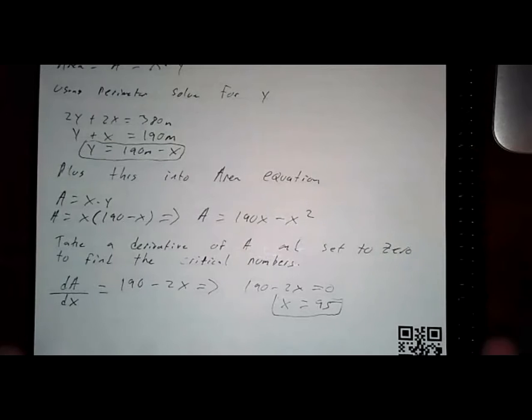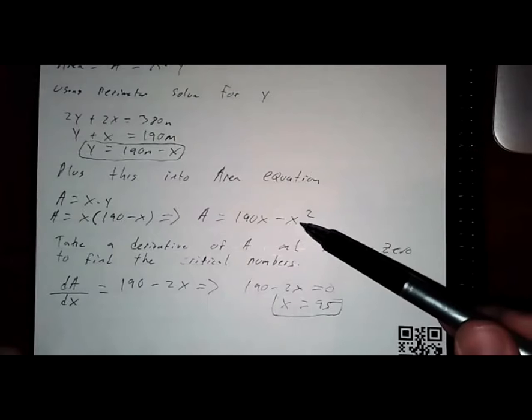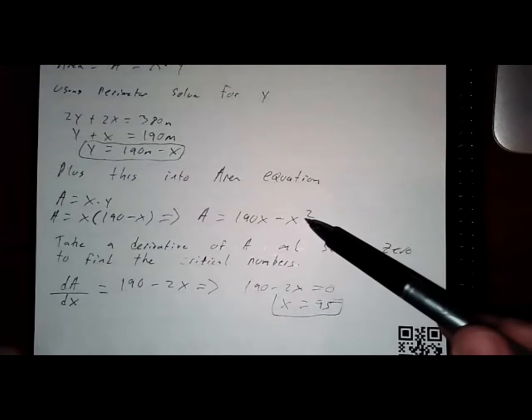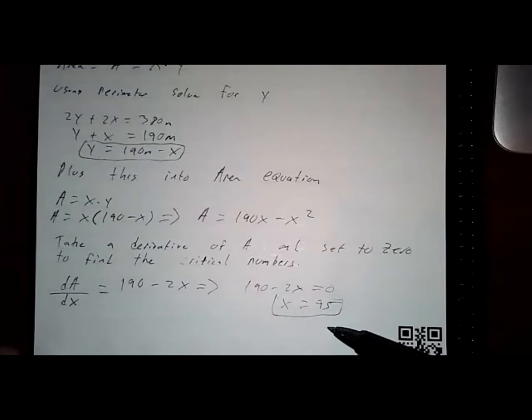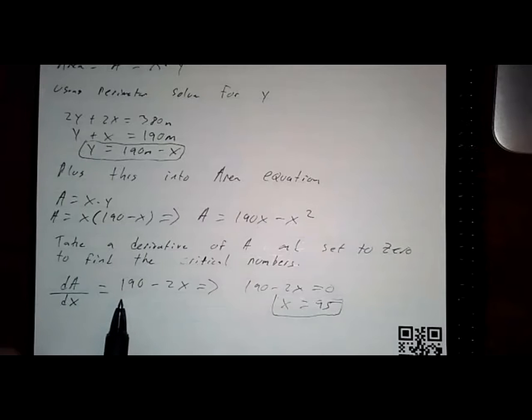Most likely it is our max because this is a parabola. We should probably only have one critical value, which is the max or minimum. So we should be good at this point. To test it, you could plug it into the second derivative. But notice, what would happen if I took another derivative?